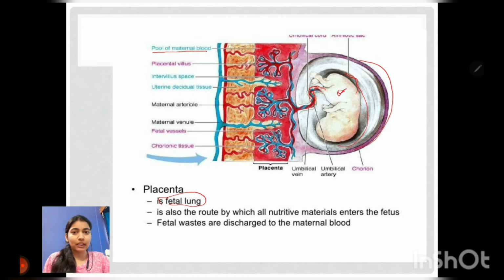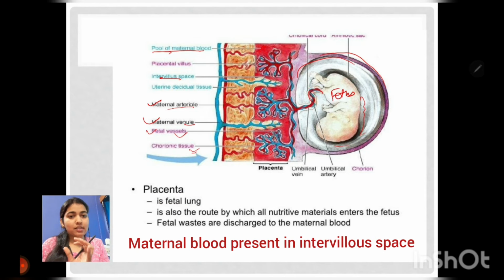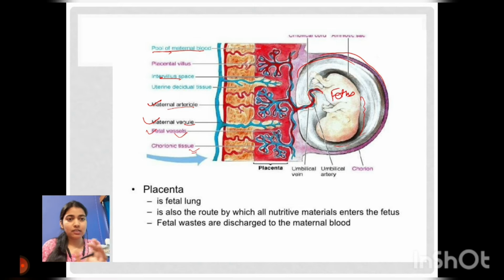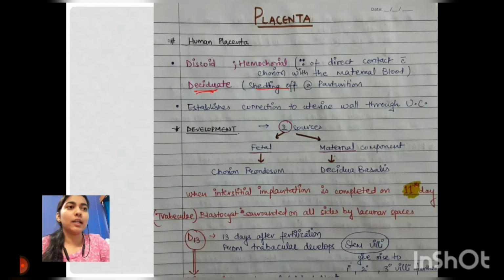Maternal blood is present in the intervillous spaces. Maternal arteriole and maternal venule, and these are fetal. Maternal blood is generally present in the placental villus. We'll discuss everything in detail in this video, so let's start.